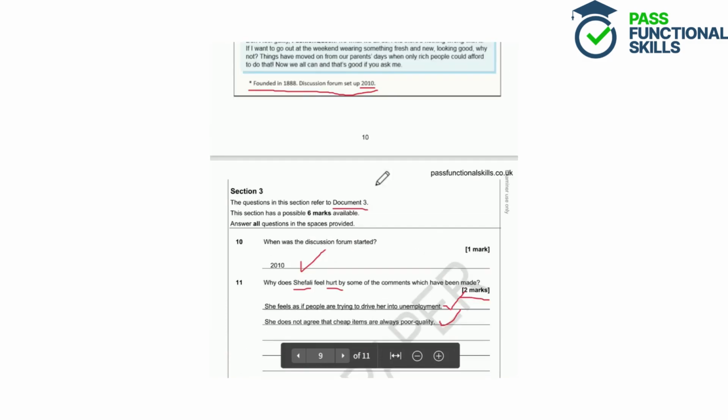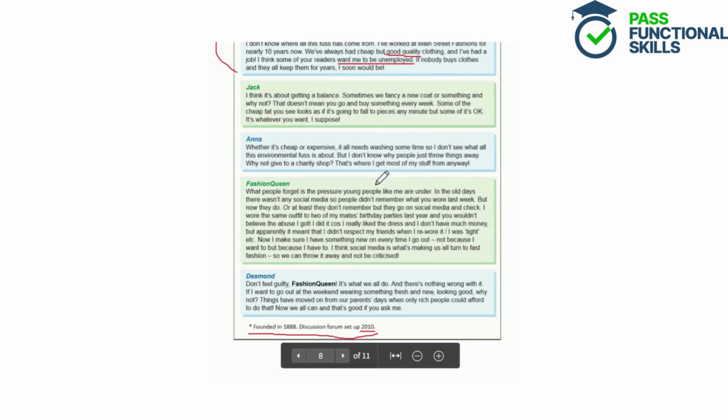So let's have a look at the document. So we can see Fashion Queen's contribution is here, so we need to have a read of this part of the document. So in the first sentence she says, what people forget about is the pressure young people like me are under. In the old days there wasn't any social media, so people didn't remember what you wore last week, but now they do.